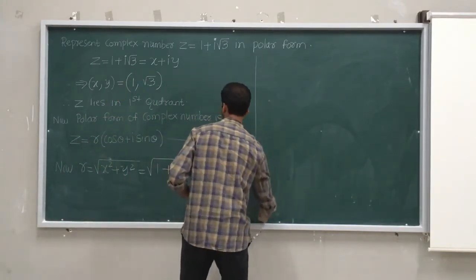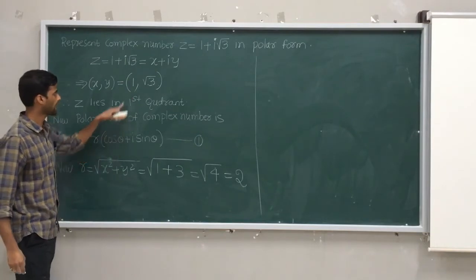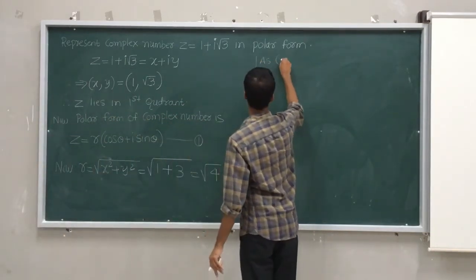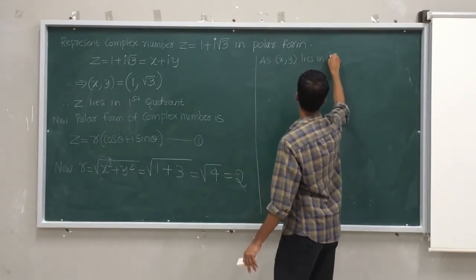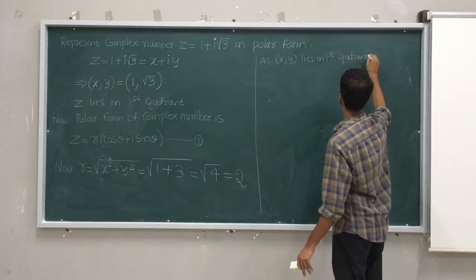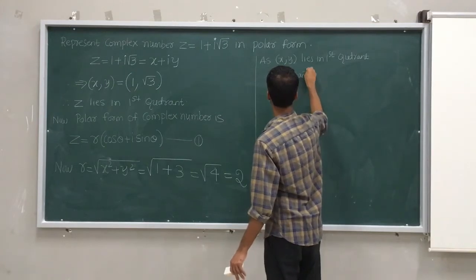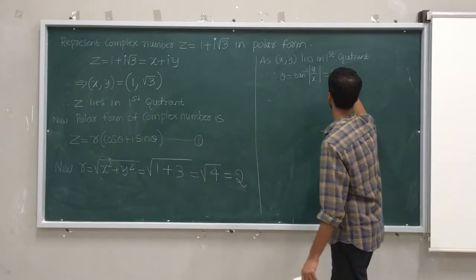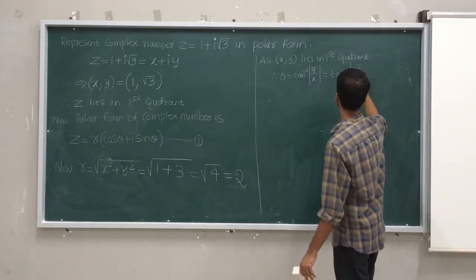So I did my 50% work. Now I need to find theta. Okay, as x comma y lies in the first quadrant, therefore theta equals tan inverse of modulus of y by x, as I told you, which is tan inverse of modulus of y, which is root 3, divided by x.